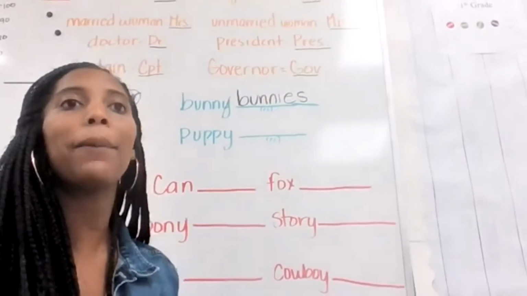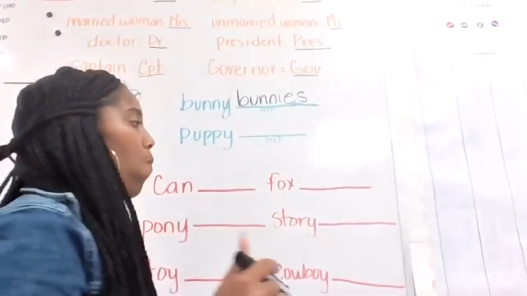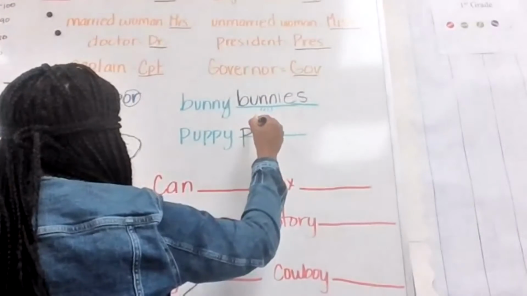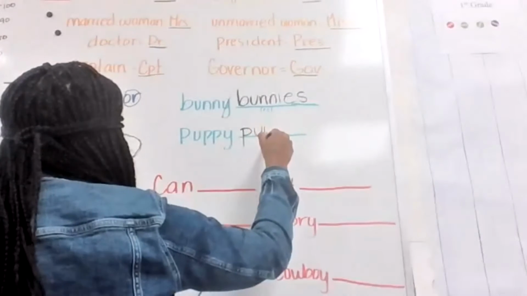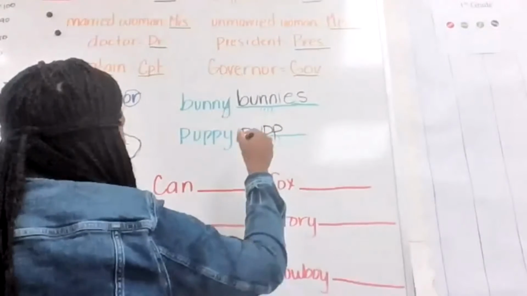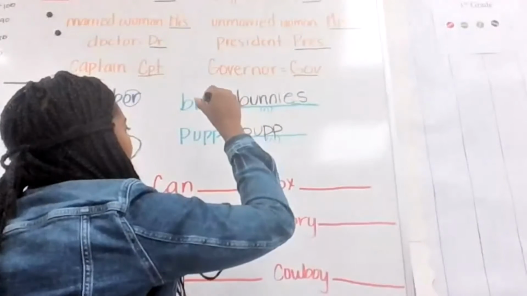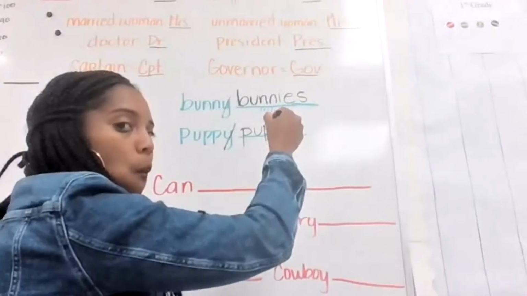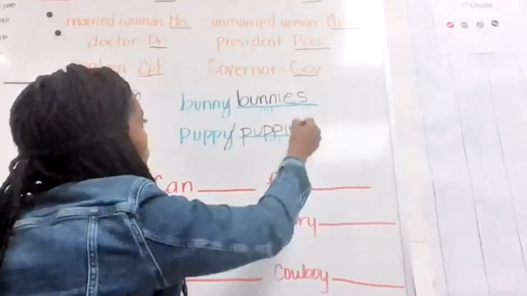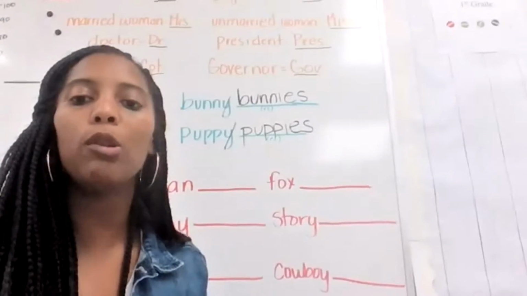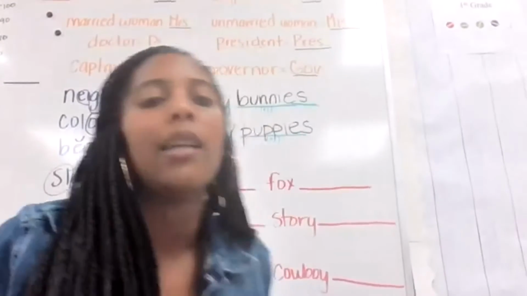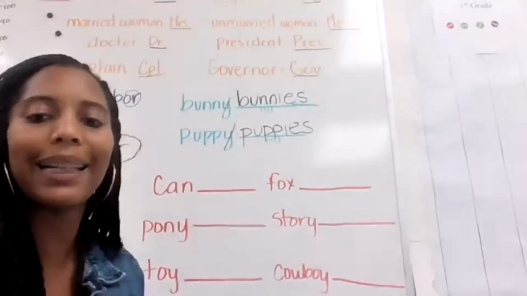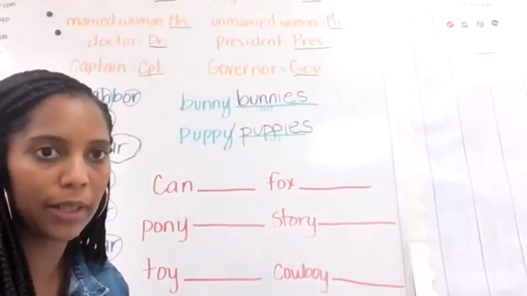Let's turn it into puppies. Amina? Take off my Y. ES, good. Puppies. So just remember that rule. If your root word ends with the Y, take away the Y, add an I, and then you'll add your suffix, okay?